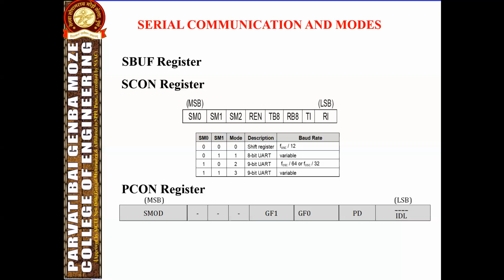TI and RI are set whenever a data byte is transmitted or received.